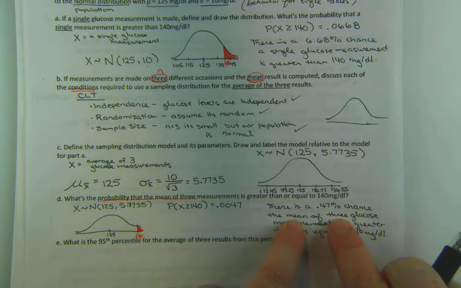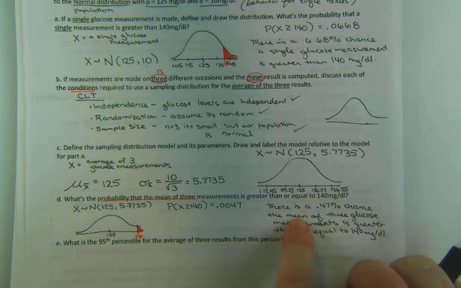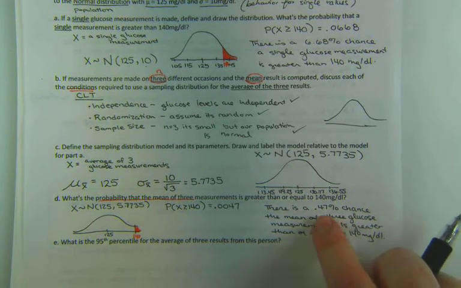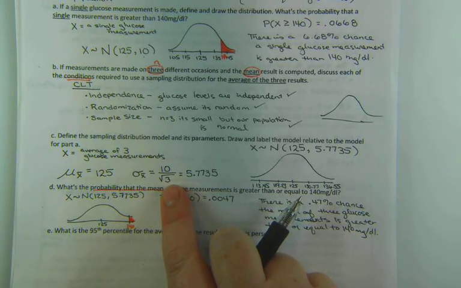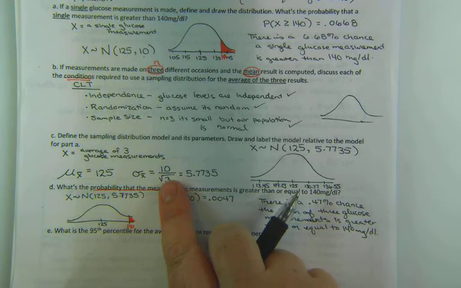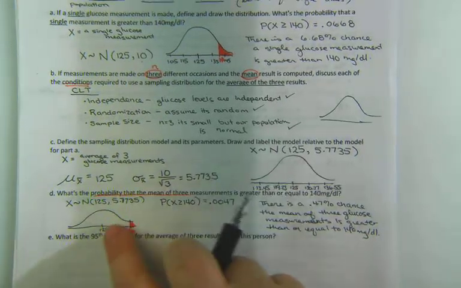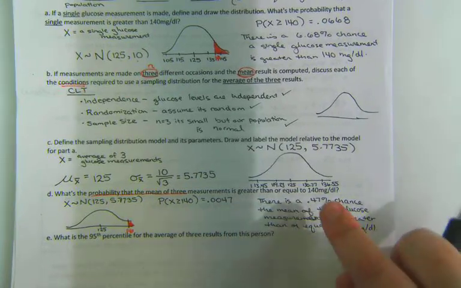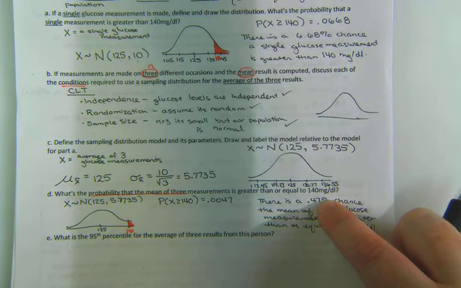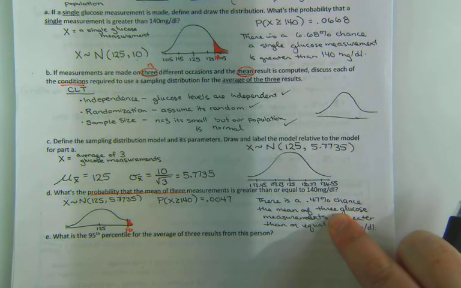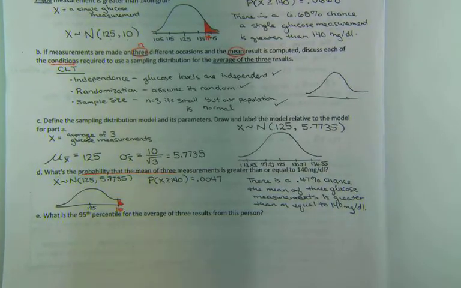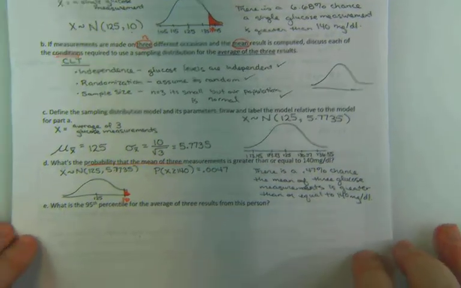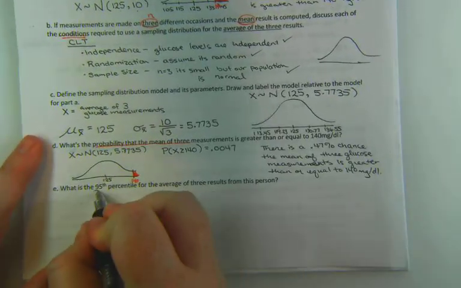So where our description above here was a % chance of a single glucose measurement, now this is telling us, so there is a 0.47% chance the mean of 3 glucose measurements is greater than or equal to 140 milligrams per deciliter.